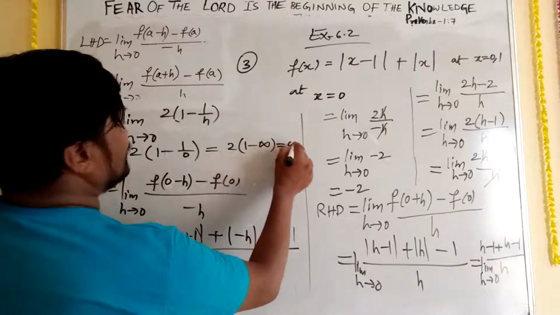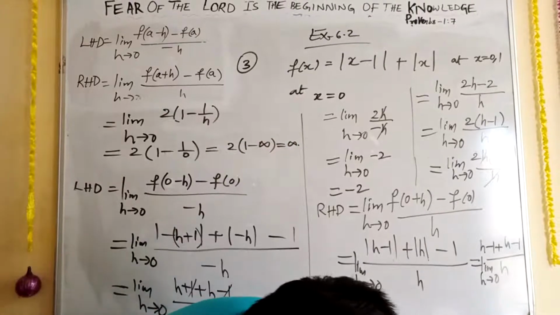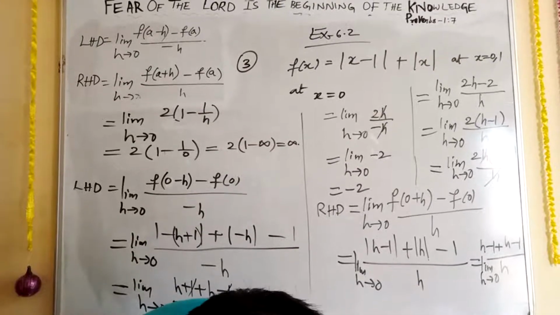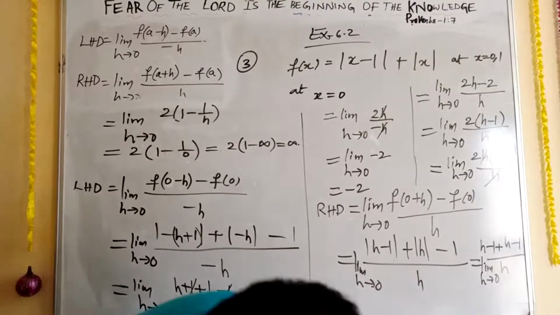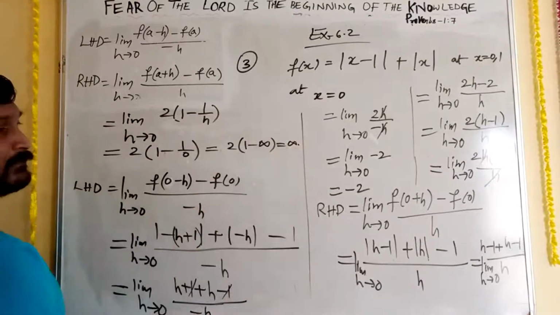So we can say that it is not differentiable at x equal to 0. So let me check this part. So we can say it is not differentiable. Here you got infinite.